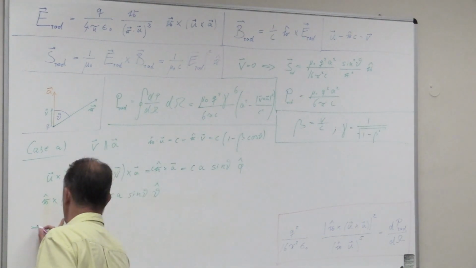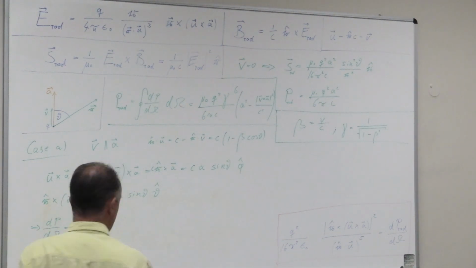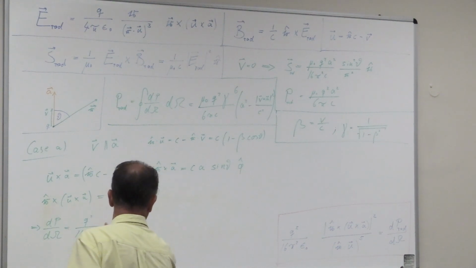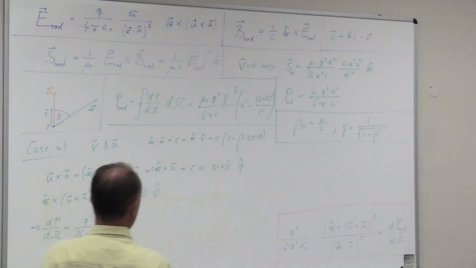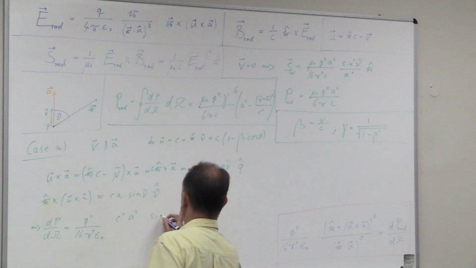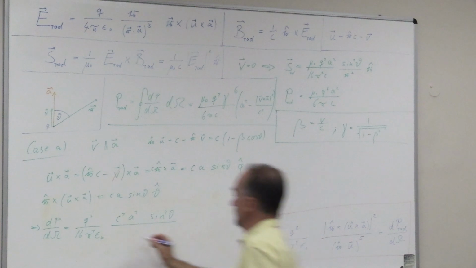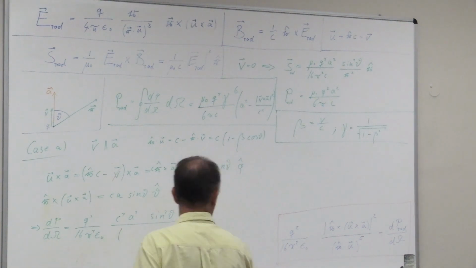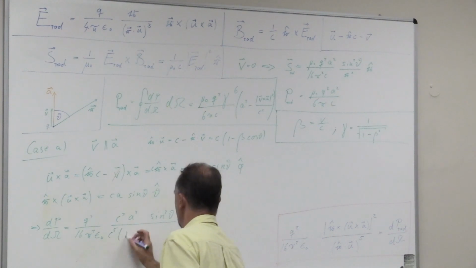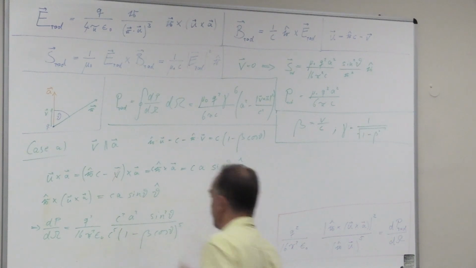That means the power per solid angle is q squared over 16 pi squared epsilon naught. The square of this is c squared a squared sine squared theta over this, with 5 powers of c here, c to the 5th, times 1 minus beta cosine theta to the 5th power, right?